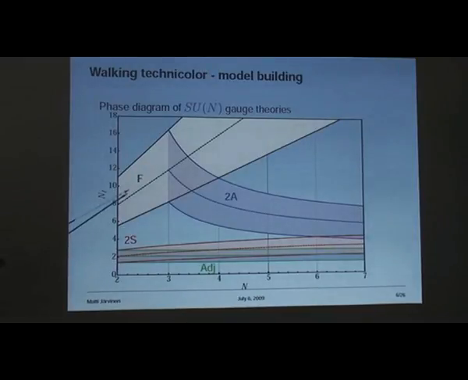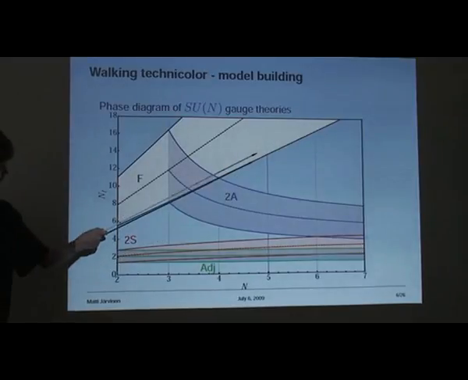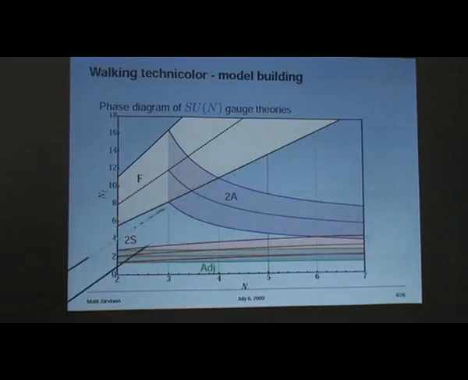The dashed line comes from the Schwinger-Dyson analysis. And these solid lines are conjectured lower bounds for the conformal window.